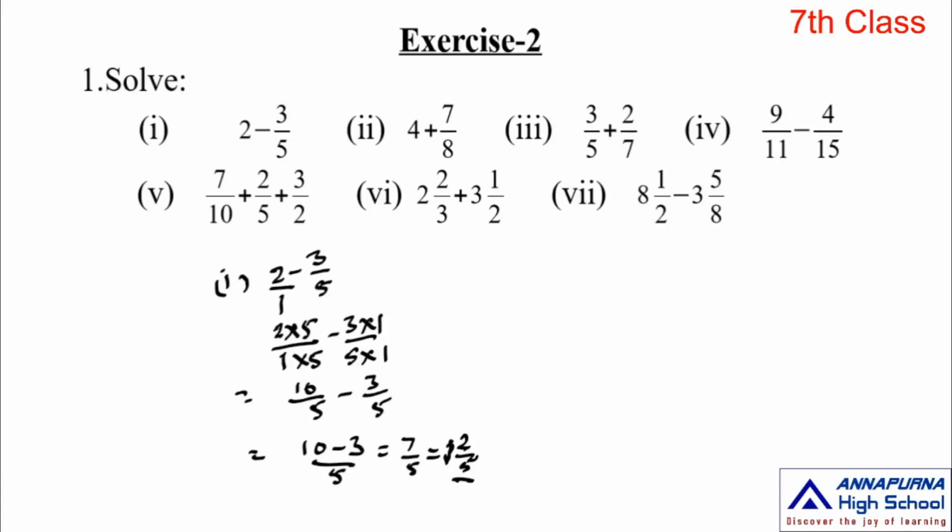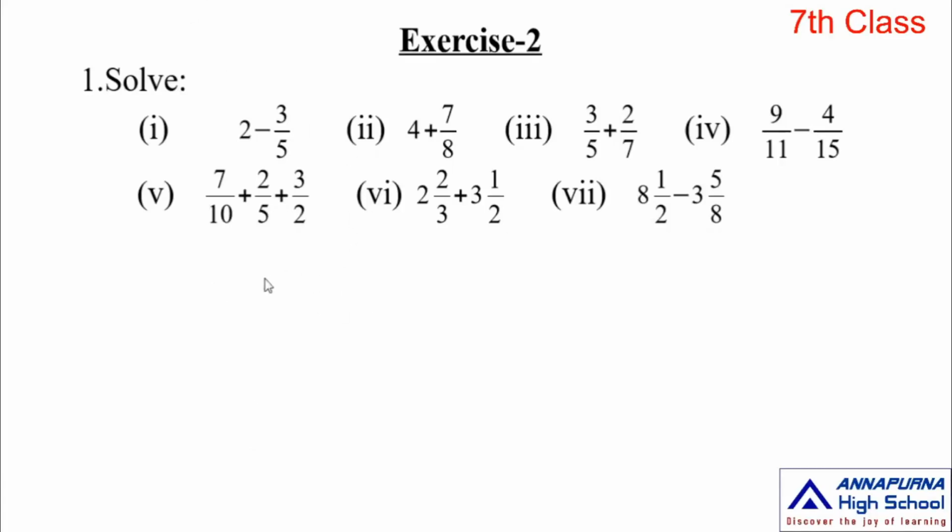And come to the second one. 4 plus 7 by 8. This is the addition of a whole number and a proper fraction. And as we know, every whole number has denominator as 1.